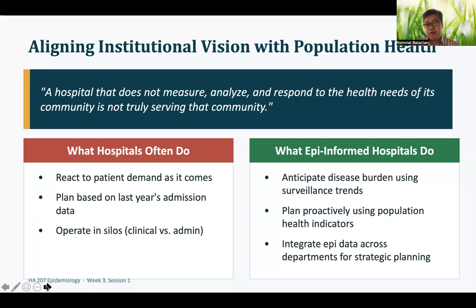It's very important that you plan proactively using these population health indicators, either from the local government units, the DOH regional office, but you can still use national health surveys. So you integrate this data across the departments, not just the clinical team, but also the finance team, the human resources, and the strategy team, reading all of this data together and coming up with solutions that won't conflict with one another.